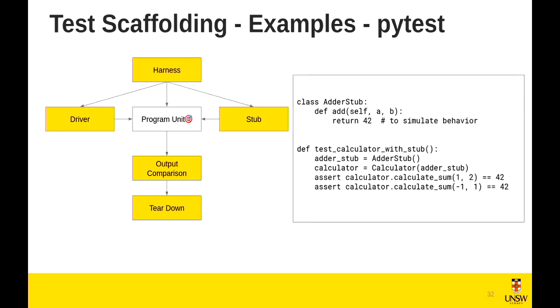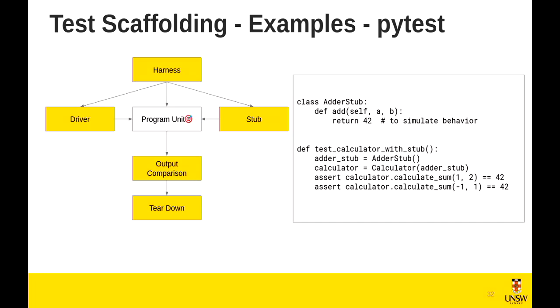And what we can do, if we just want to do a pure unit test for the calculator, not an integration test, is write a stub for the adder, assuming that we haven't implemented the adder yet, or we just want to separate the testing of these two classes.